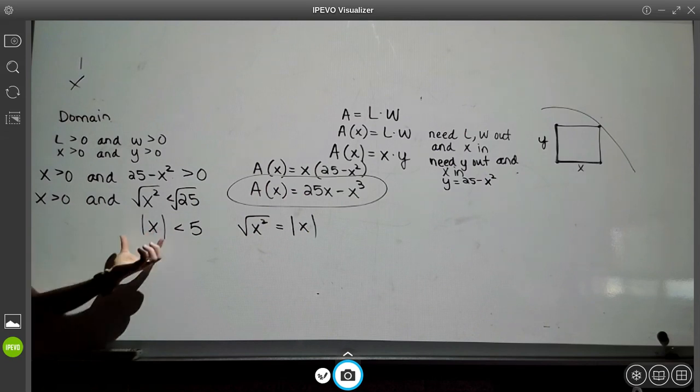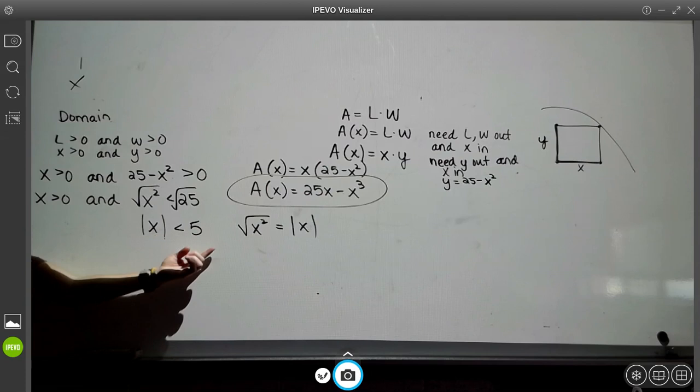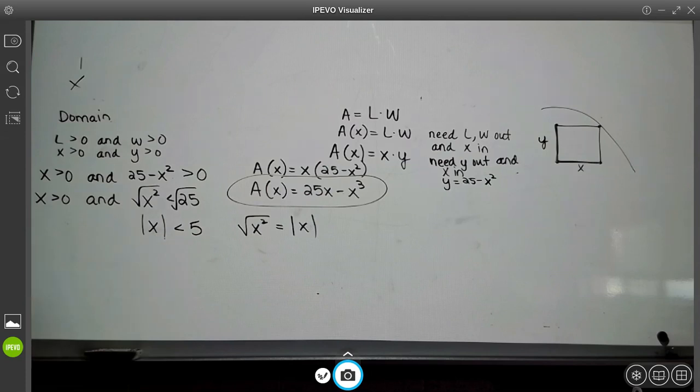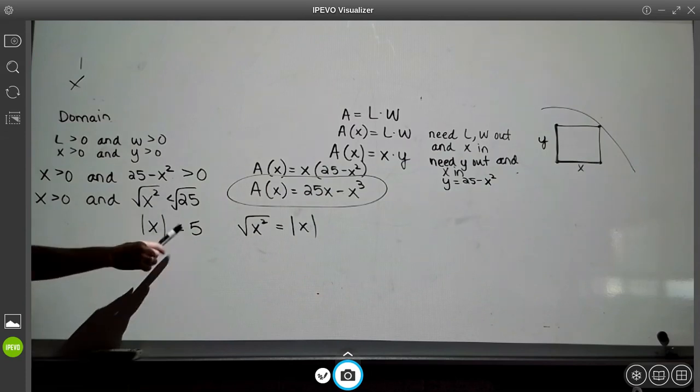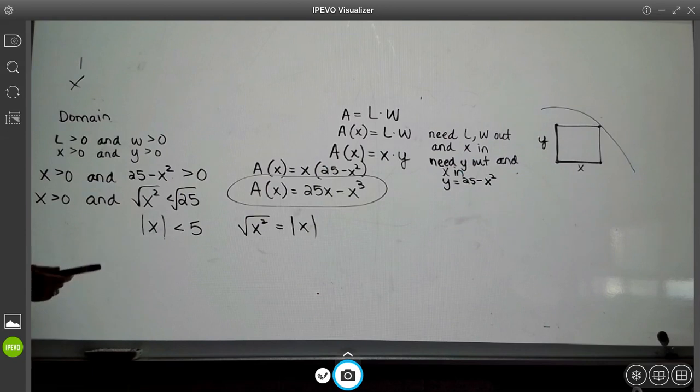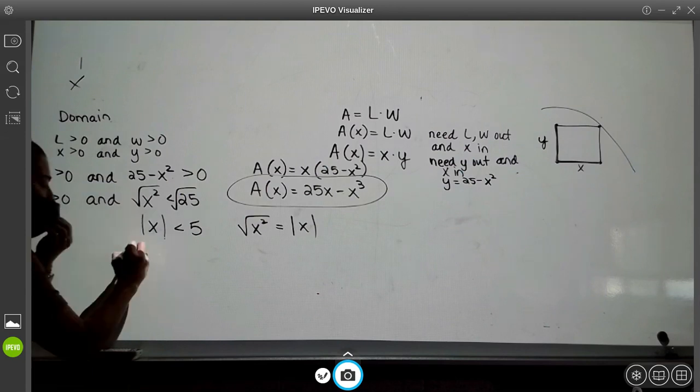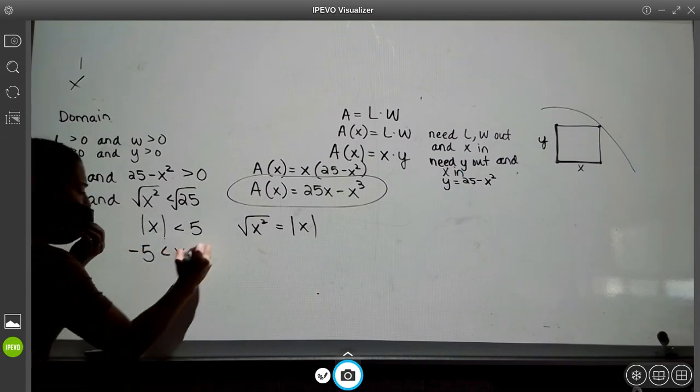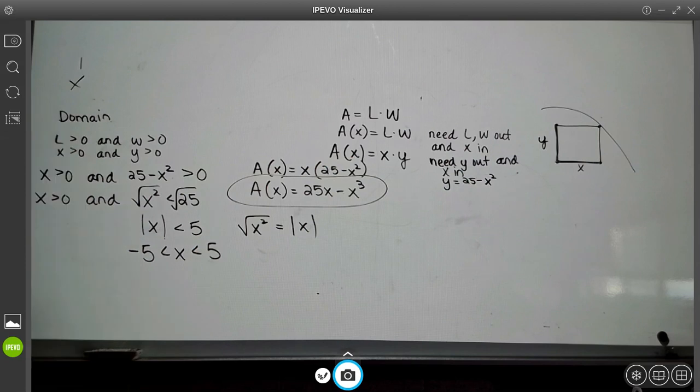And now the absolute value of x has to be less than 5. Well, think about it. What numbers have a distance from 0 that's less than 5 spaces? Numbers in between -5 and 5. Do you guys remember your absolute value inequalities? If it was less than, it was an "and," a sandwich. Do you guys remember that from Algebra 2? So it would be -5 is less than x is less than 5. So now you have to be these. I'm just going to finish this problem.